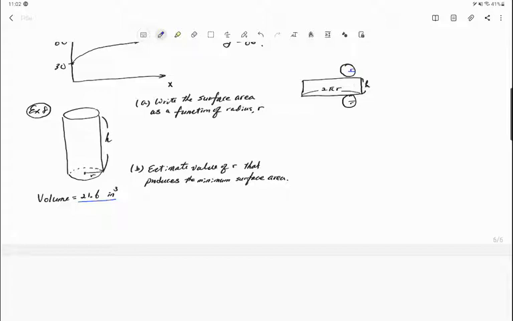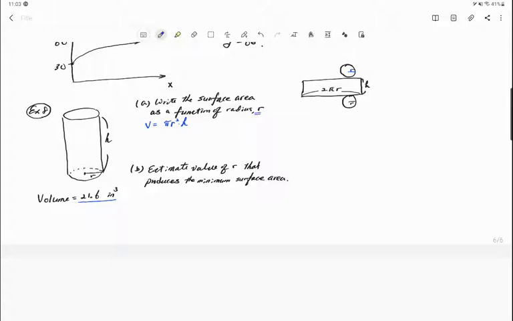From this one, we need to rewrite h in terms of r, because we want to write surface area as a function of r. So we must have r instead of h. Using the volume function, what's the volume of a cylinder? It's pi r squared, the area of the bottom, multiplied by h, right?